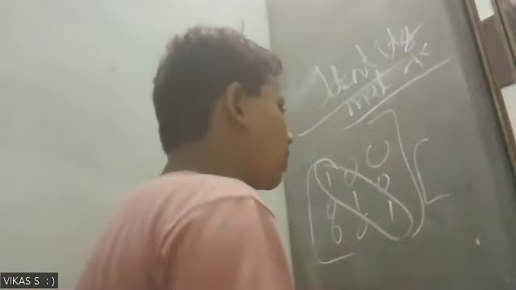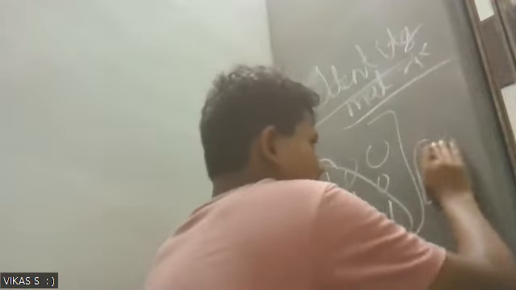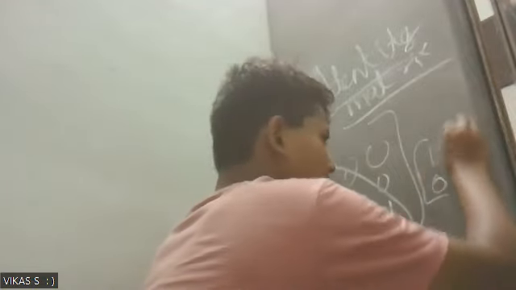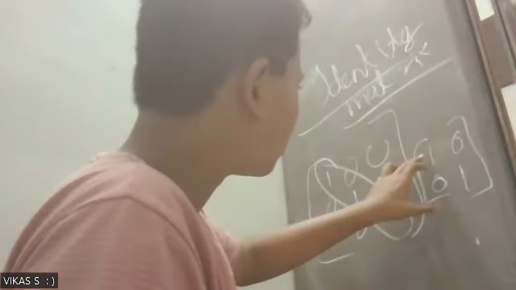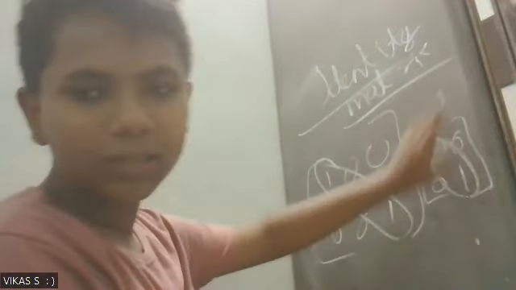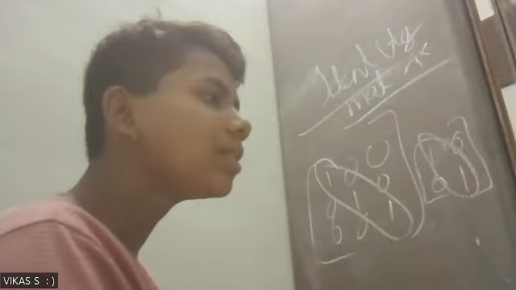This is 3 by 3. This is 2 by 2. So 2 by 2 or 3 by 3, but still the principal axis has all 1s, then it's called an identity matrix.